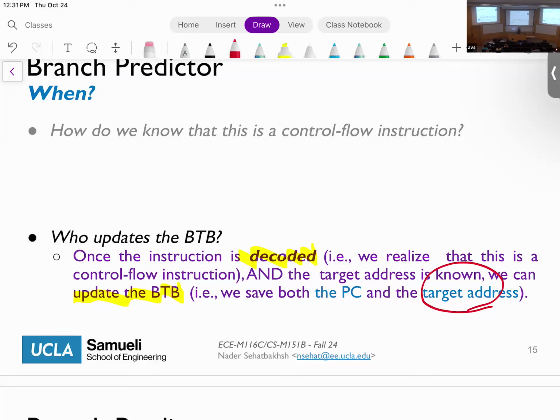Decode stage only creates an entry in the BTB if this is a branch instruction, because we already decoded that instruction, we know that this is a branch instruction, we know the target address, so we only write to the BTB when this is a branch instruction. If it's an add instruction, we ignore it, we just continue. So we never create an entry for non-branch instructions.